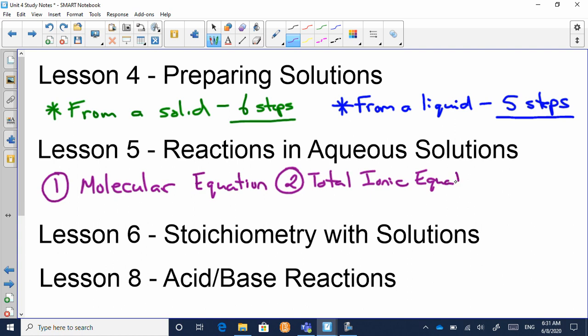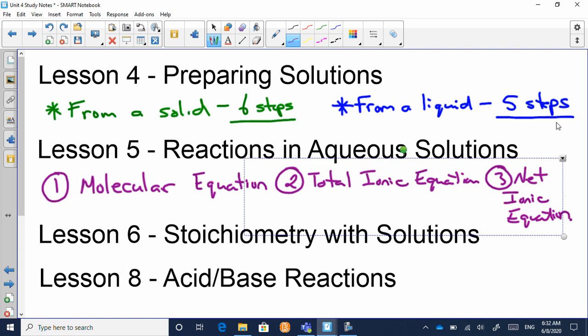And we finished with the net ionic equation. And you are definitely going to have to do one of these on your assignment. So just be prepared, and again, I'm going to take you through that.